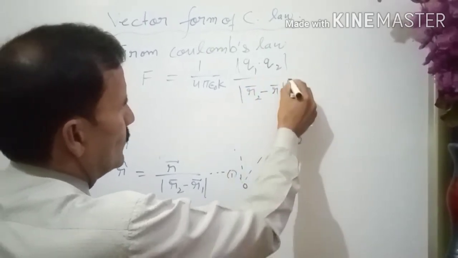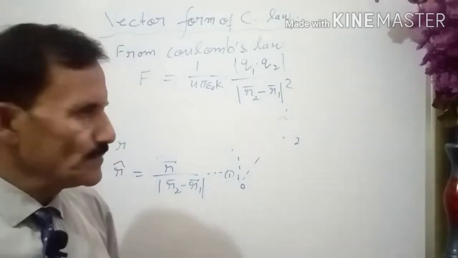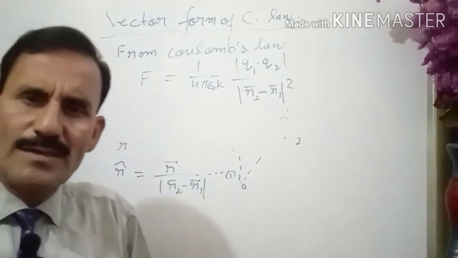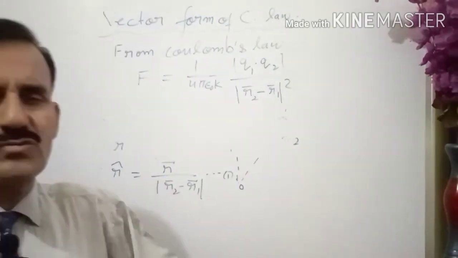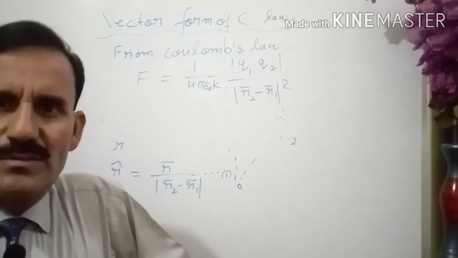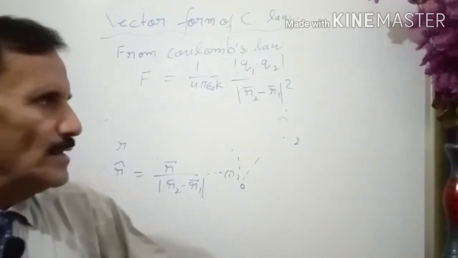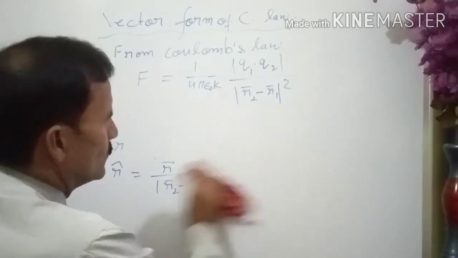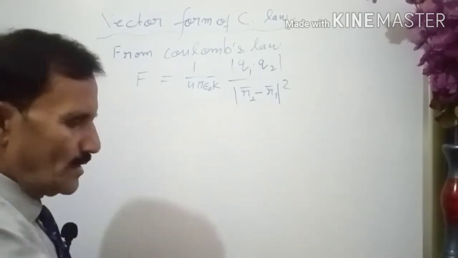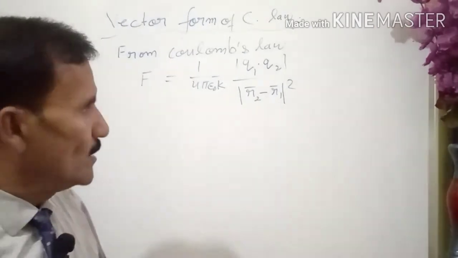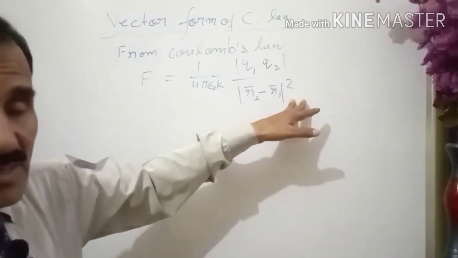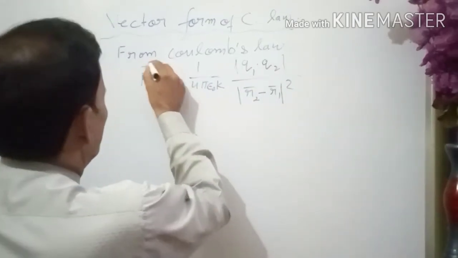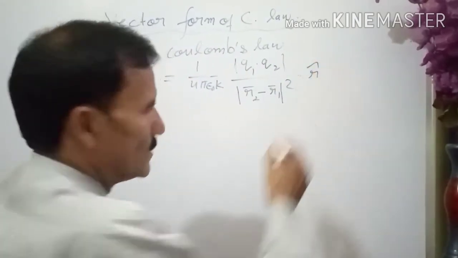When you square the vector, that is a scalar. Whenever you square any vector, it goes to the scalar product r dot r, which is always scalar. So you can write here r square. There is no need of any vector because r square becomes scalar. And because F is a vector, here we put the unit vector.